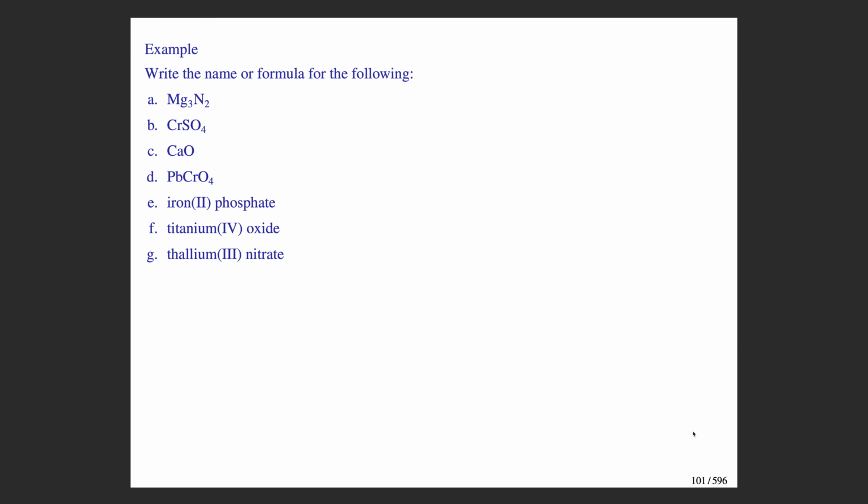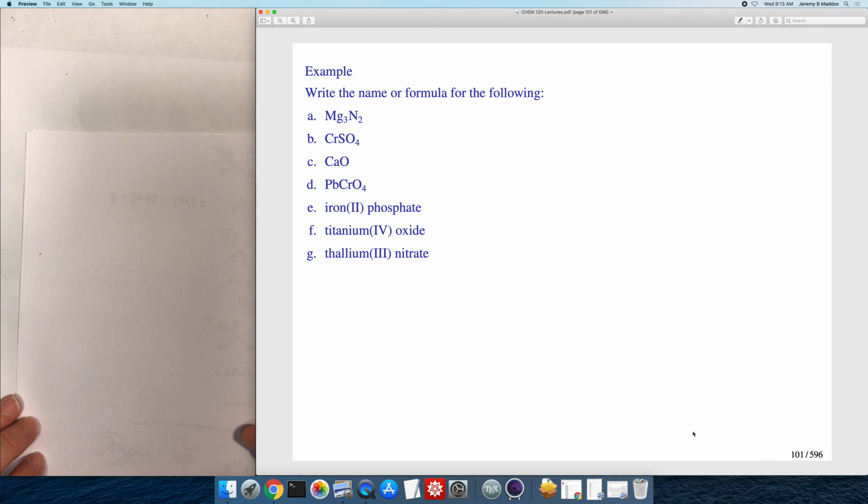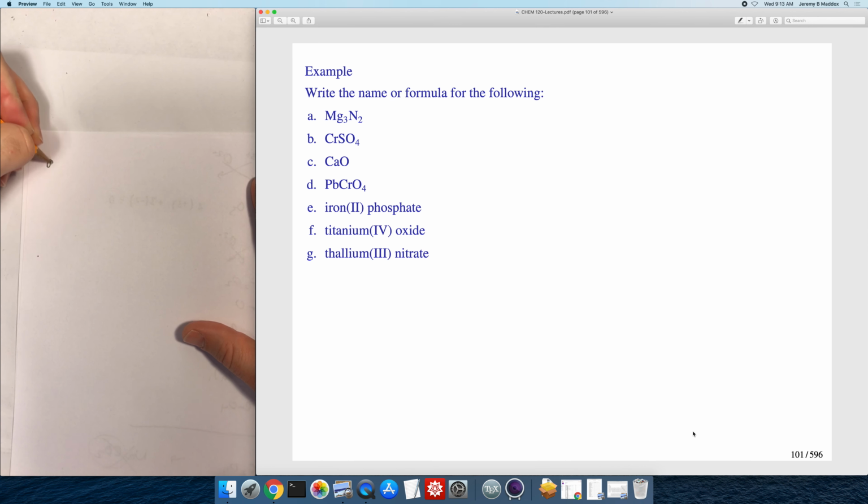In this example problem, I'm just going to illustrate the process of naming a few ionic compounds to give you a sense of how it works. And then I'll show you a set of worksheets where you can practice this for yourself. So in this first compound, the first thing you want to do is to recognize what type of compound this is.